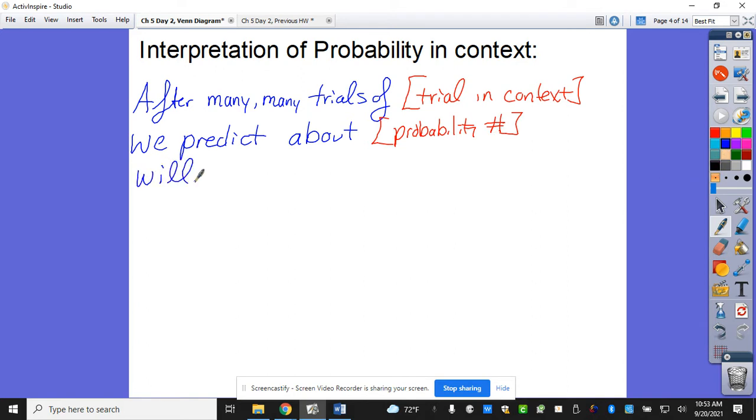And we're predicting about that much will actually result in whatever it is that we're trying to get. And that word success doesn't always mean success in the way you think about it in other classes. Like, it doesn't always mean like something good happens. It's the event in question, I guess.